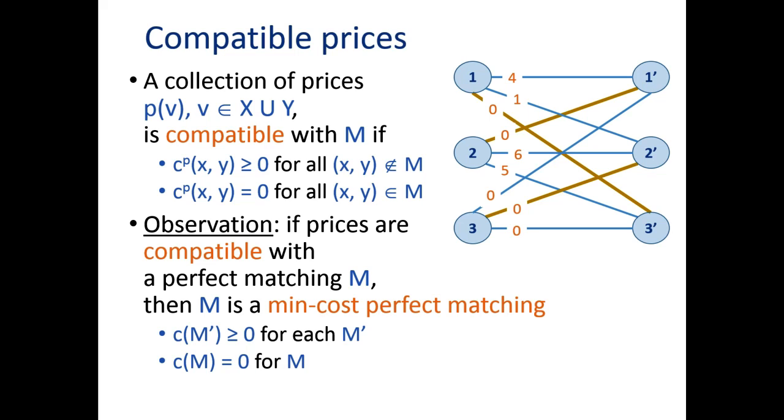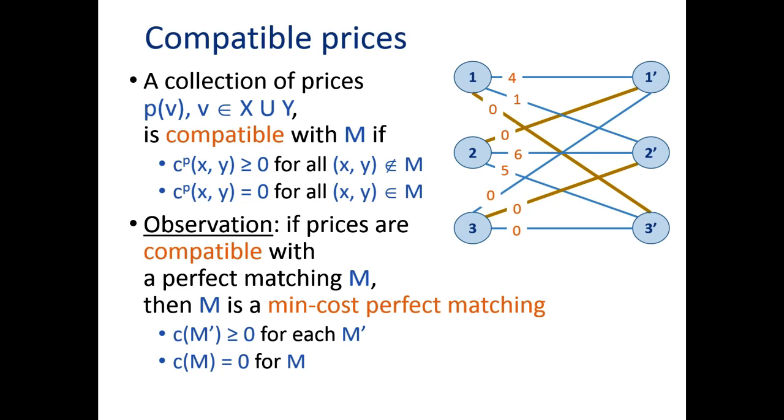Now my goal will be not just to find the matching, but also to maintain a set of prices, and I'm going to maintain those prices so that they're compatible with my current matching. I won't start out with a perfect matching. I will be building my matching slowly, edge by edge.